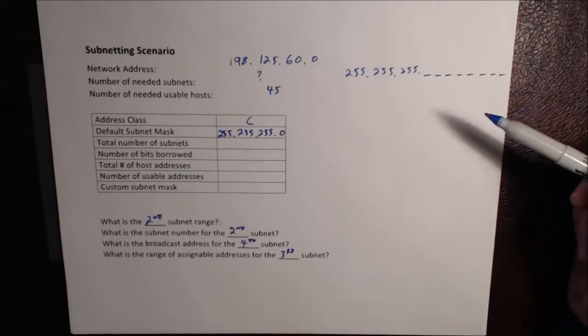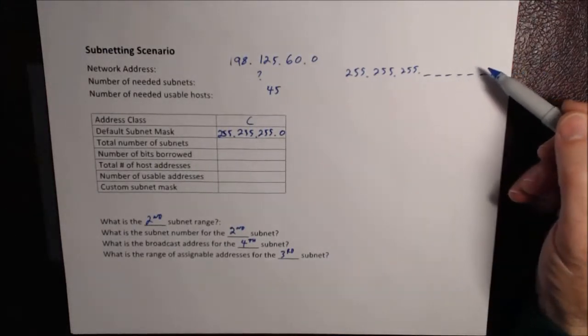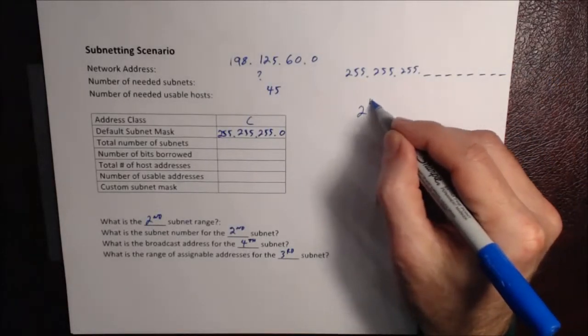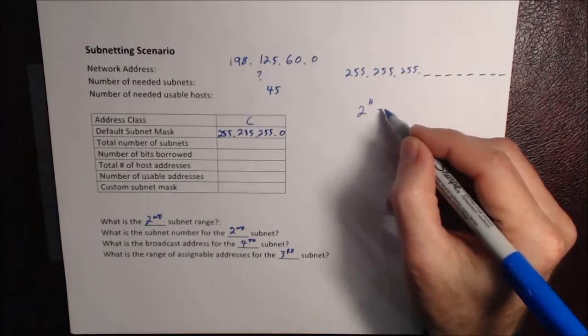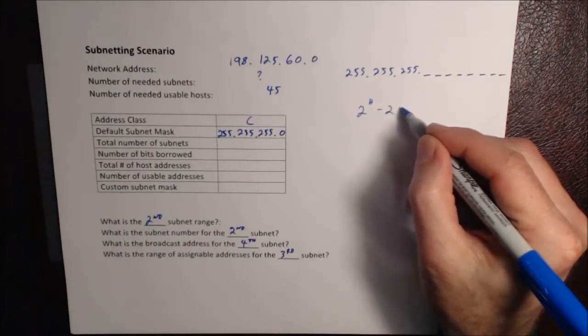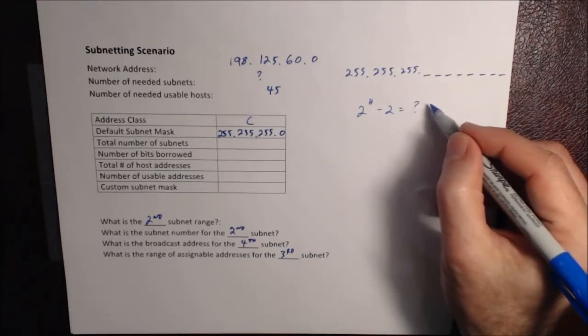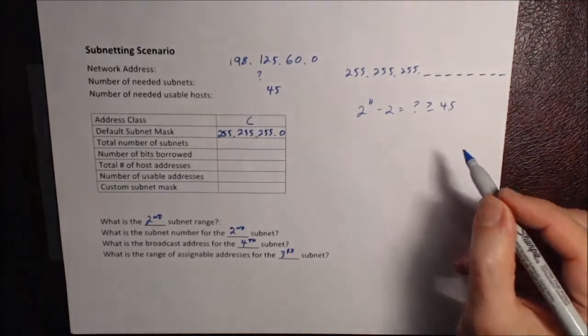If we know that we need 45 usable hosts, we can calculate how many bits we need to use for the hosts. 2 to the h, with h being the number of host bits, will tell us the total number of possible hosts. And if we subtract 2, that will tell us the number of usable hosts. So we need to get to something that is greater than or equal to 45.